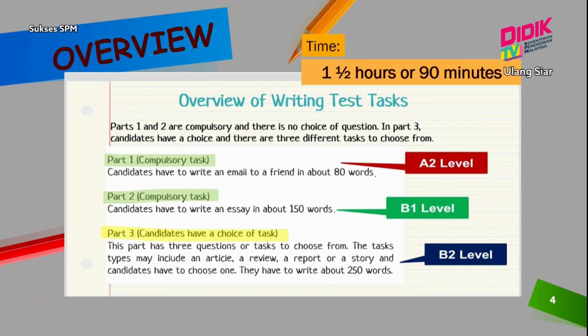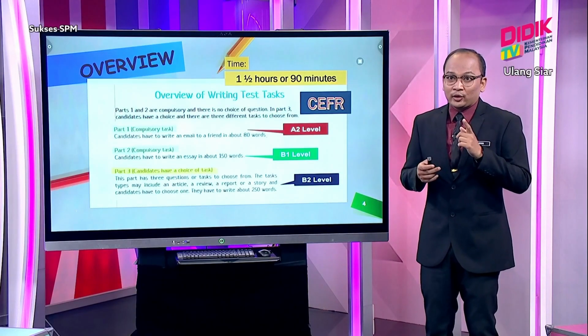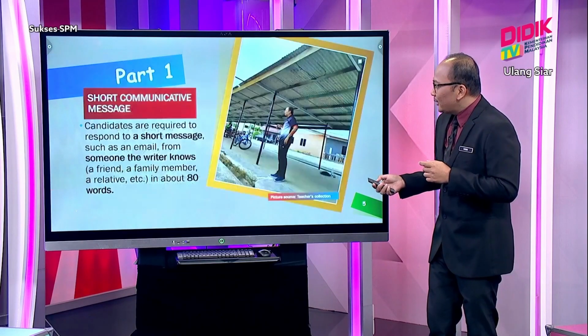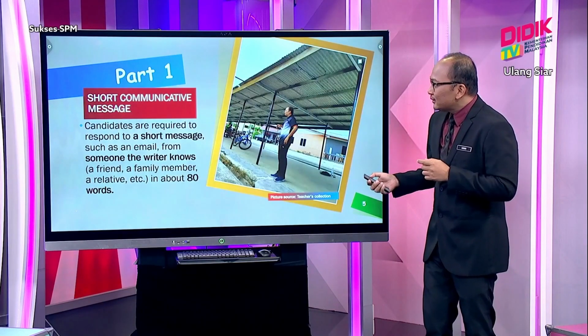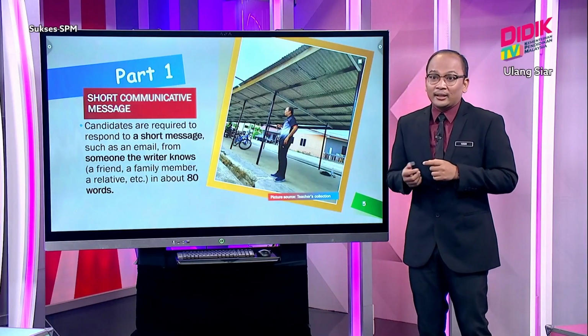And as you can see, there are levels over here: A2 level for part 1, B1 level for part 2, and B2 level for part 3, and these are under the CEFR, which is what we are using right now for our testing. So please make sure that you follow this. These are among the things that we need to know.